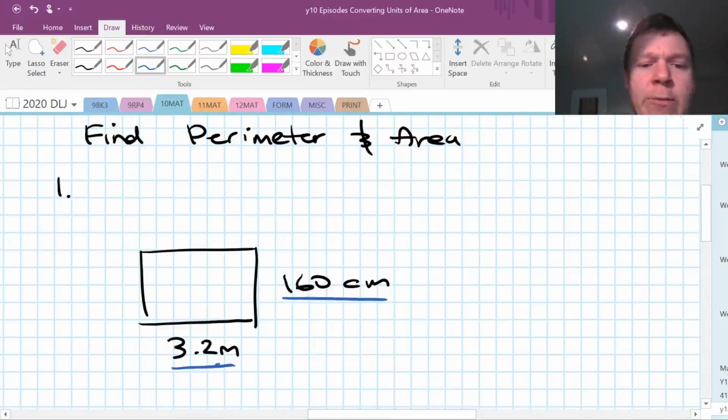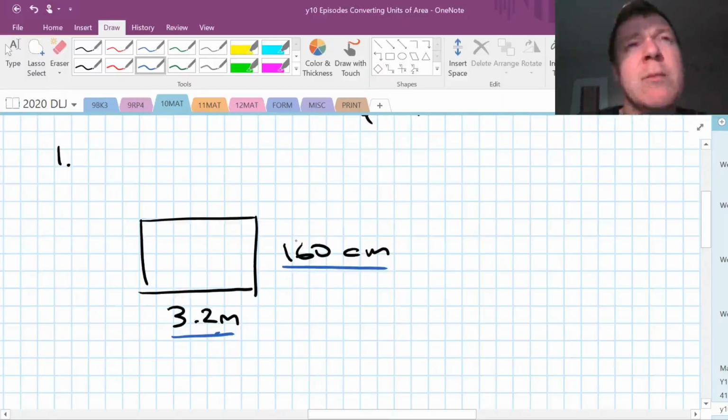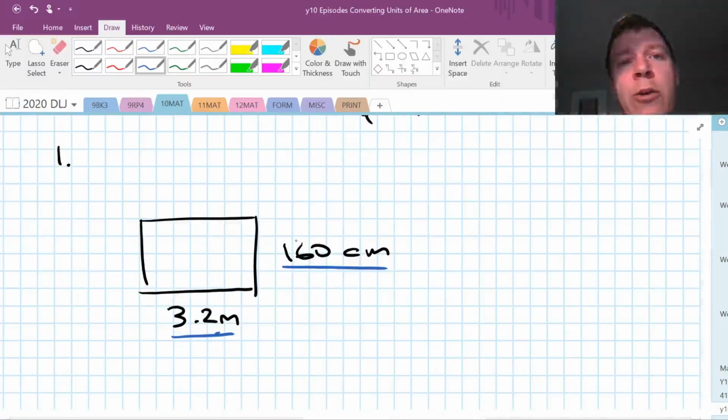So we've got centimeters and we've got meters. So I'm going to change the centimeters into meters, because meters is just the generic measurement unit. So I tend to like going from other units into meters.